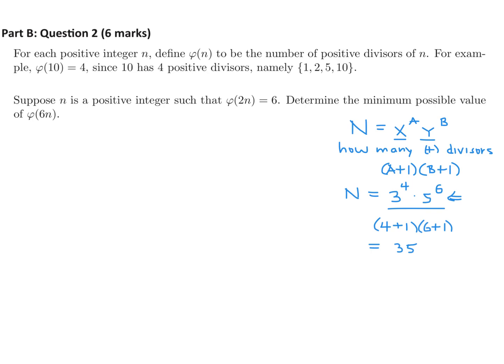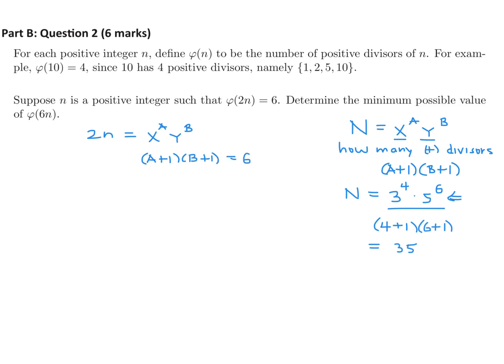So they have initially told us that symbol 2n is 6. So that means that 2n has 6 positive divisors. So if we represent 2n like I did over here, x to the power of a, y to the power of b, that means that a plus 1 times b plus 1 is equal to 6.